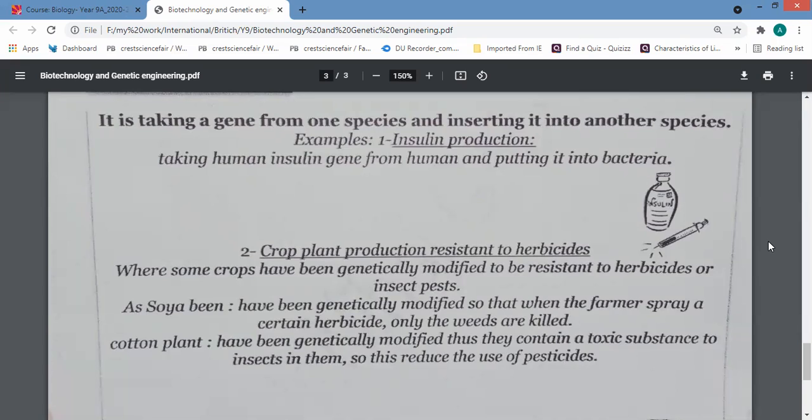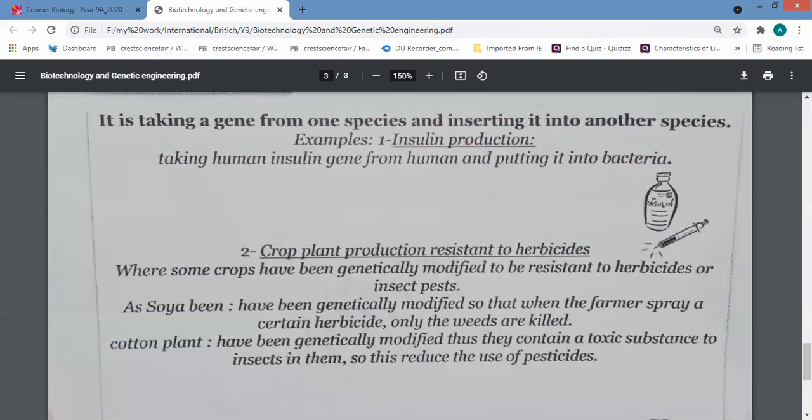Like what? We have examples like insulin production. We know that the human pancreas secretes insulin to control the level of glucose.